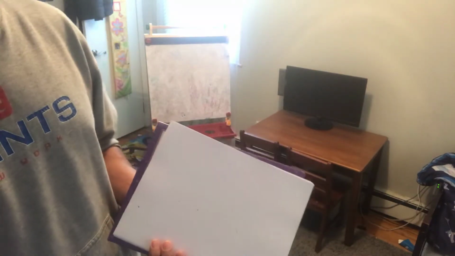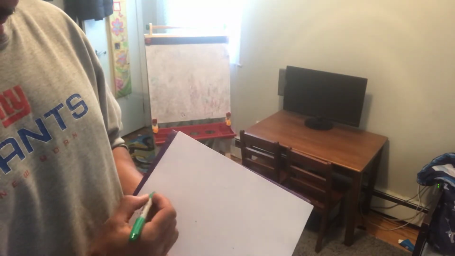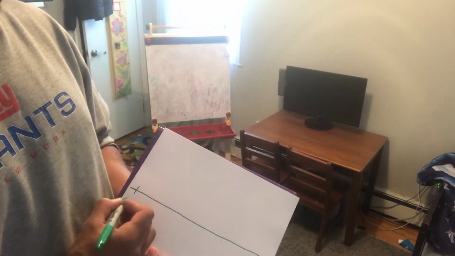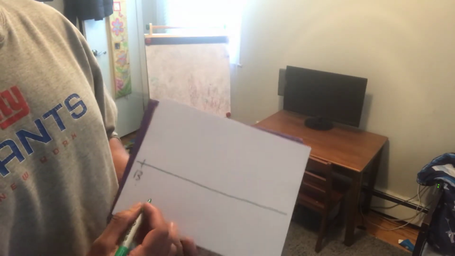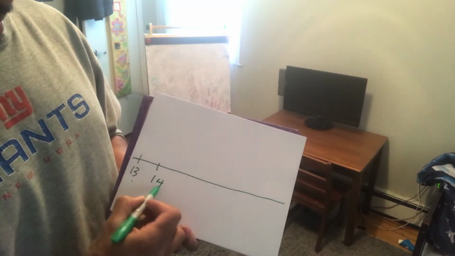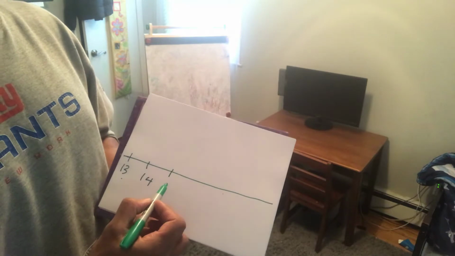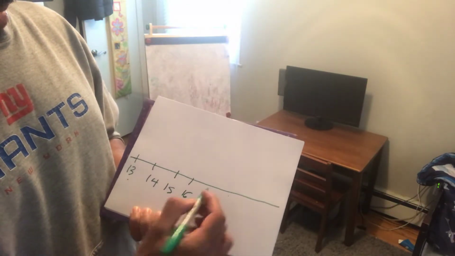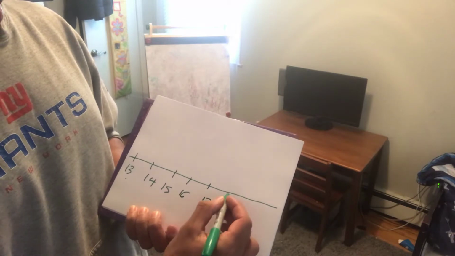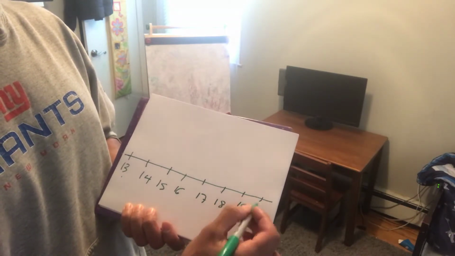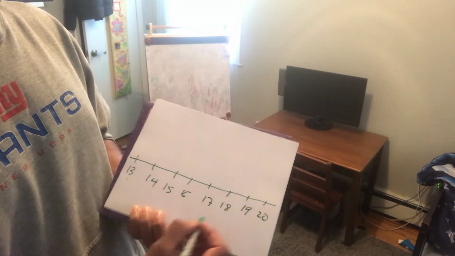Again, we can start anywhere we want. So I can start my number line if I want at 13. The next number after 13 is 14. Then after 14, the next number is 15. Then 16, 17, 18, 19, 20.